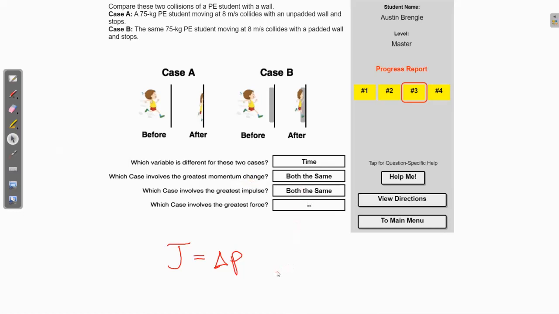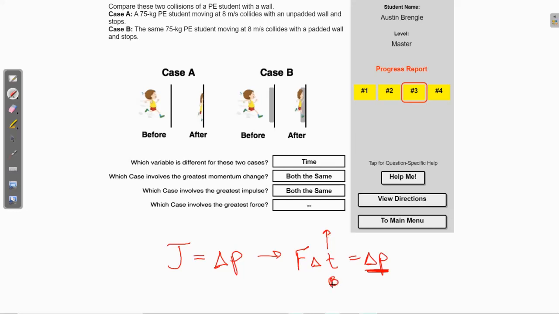Now, the last one asks, which one involves the greatest force? Well, we got to think about this. Remember, their change in momentum is the same, but let's rewrite this equation here, and let's do F delta T for impulse is equal to change in momentum. Well, if the change in momentum is the same for each of them, but the time is increased for case B, so I'll write B down here.